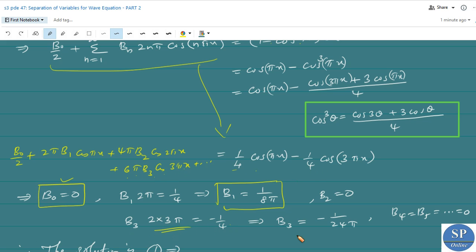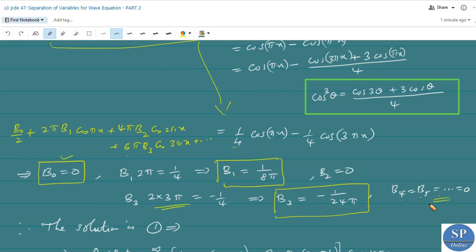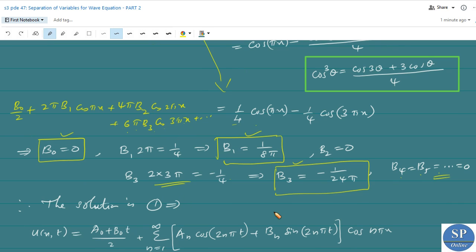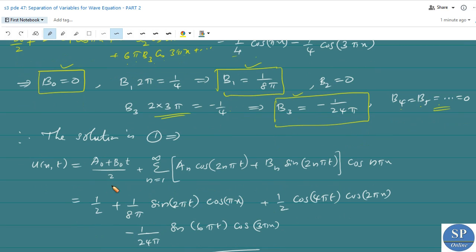So from that we get b3 equal to minus 1 by 24 pi, and b4, b5, b6 etc. equal to 0. So we have only two non-zero values for bn, that is b1 and b3. Applying these values for an and bn in solution 1, we get our required solution.